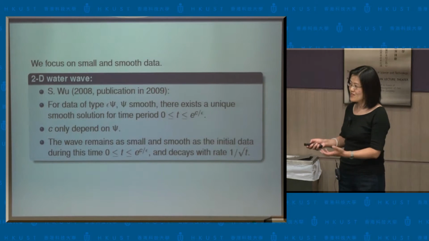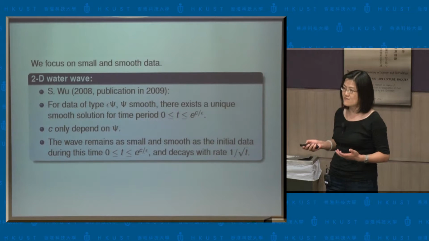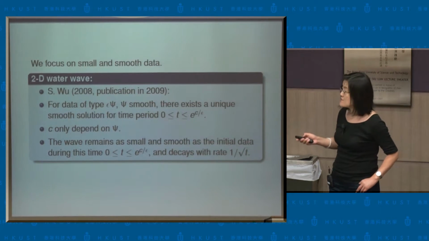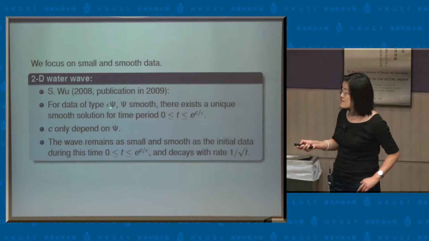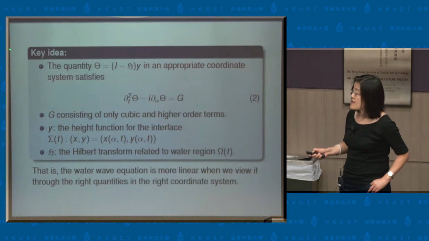But in the physical world, what is epsilon 0? You have to know what epsilon 0 is. So there are a lot of questions that remain in this respect. Okay, so we still need to get more precise information. But for the moment, we know that if the data is small, the solution remains small for exponential time. Okay? And the key idea is the following.